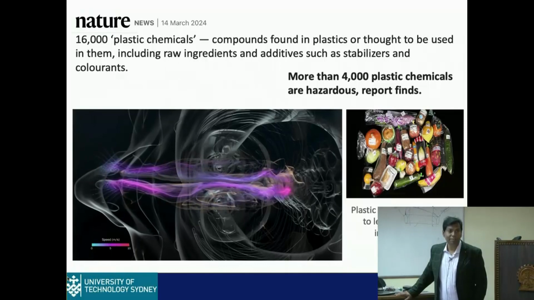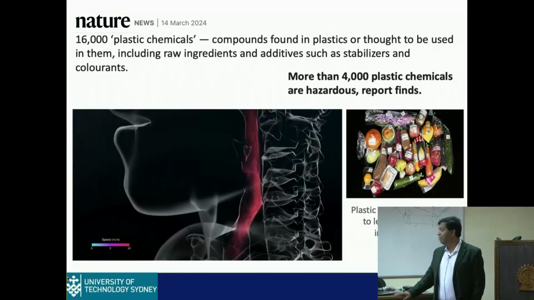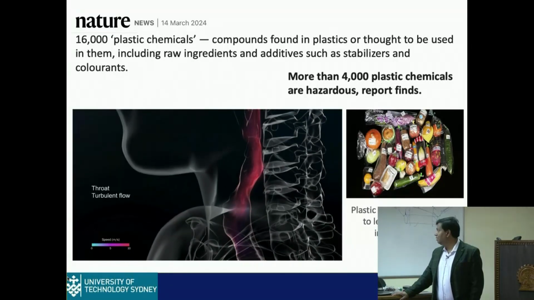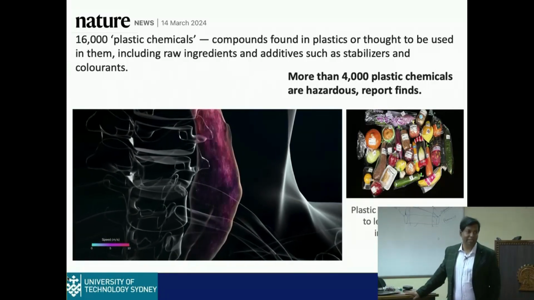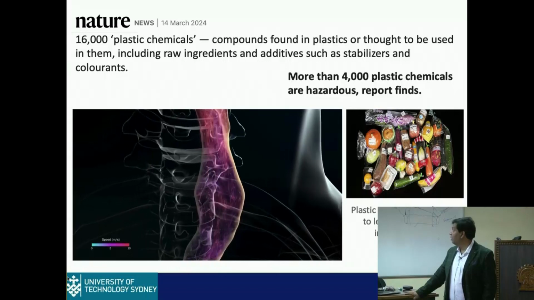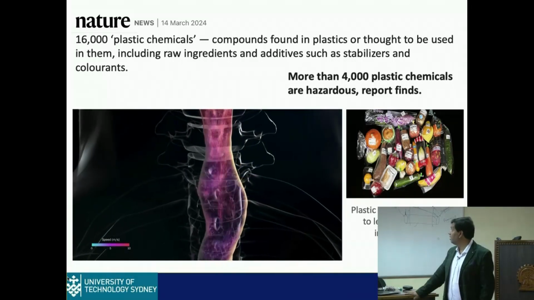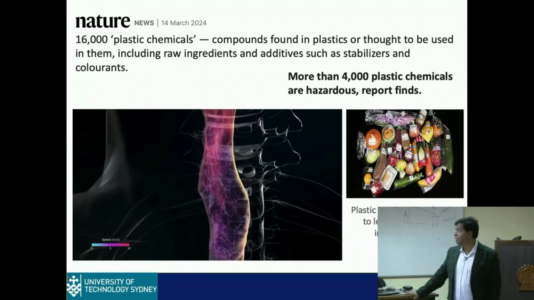I do not know, because the plastic companies produced those things and nobody cared at that time what was in there. And they just found that there are 4,000 plastic chemicals that are very hazardous for our health. And nowadays we are so dependent on plastic, we cannot stop using it.